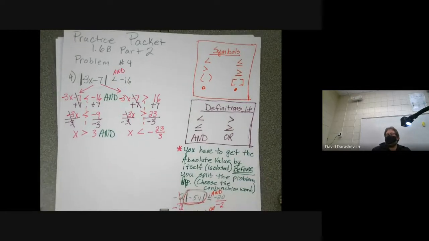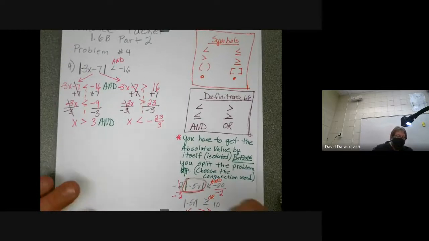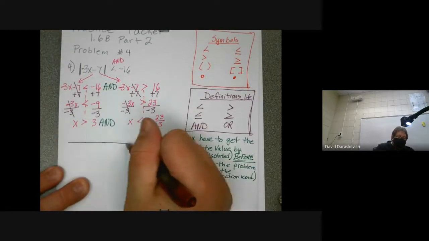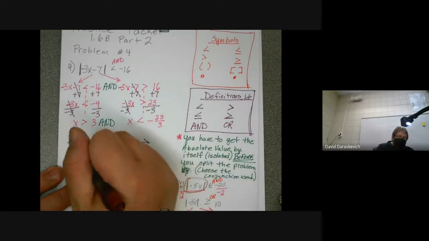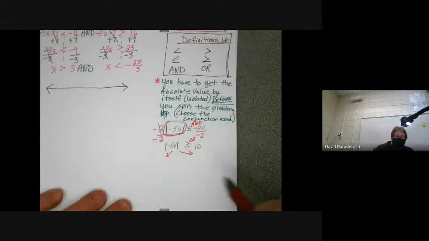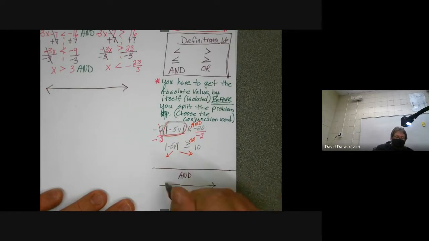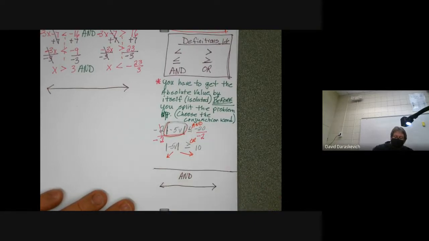Okay. Now, we have to draw a graph. And if you remember, and problems, so I'm going to add some more stuff over here on the side. And problems, their graphs look like either a parenthesis or bracket, in between.